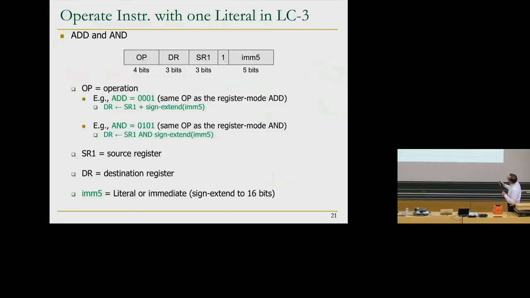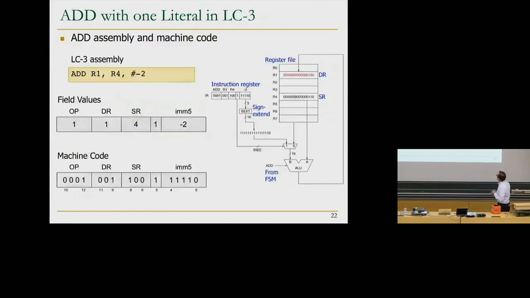If you go to the definition of add and AND, when you don't have an immediate, this will become 0, and you will have a register identifier over here, which will be interpreted as source register 2. And that's why that MUX works. So somebody who was designing the ISA was clever enough to make it so that you could quickly choose between a sign extended immediate value versus a register value.